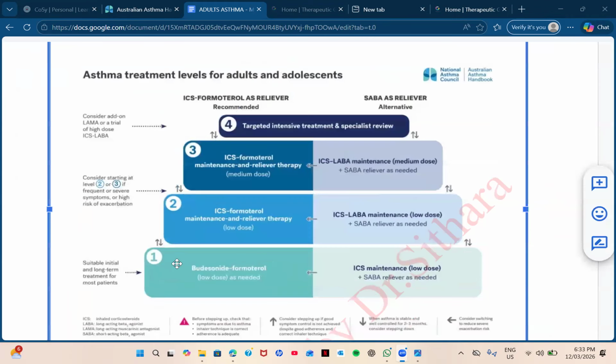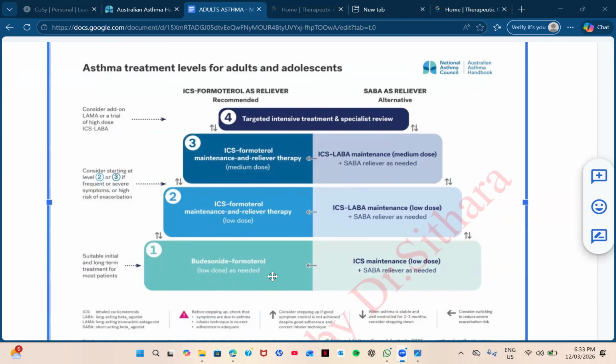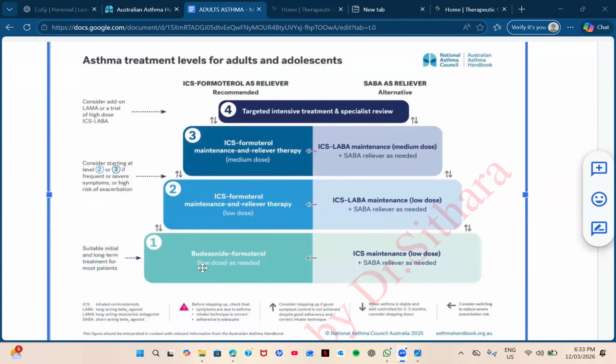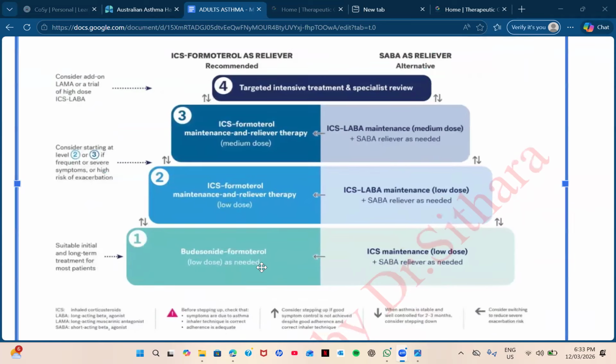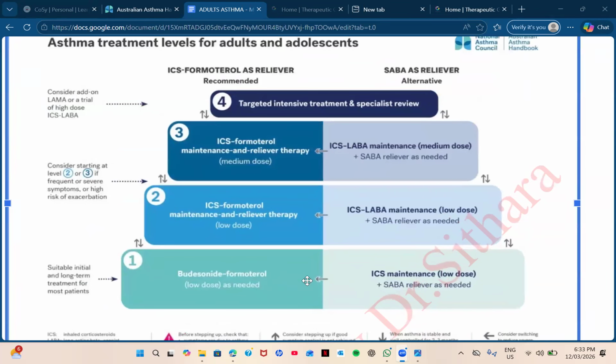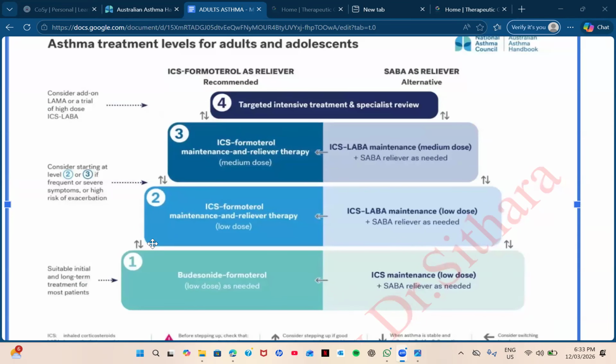As the first thing, the suitable initial and long-term treatment for most patients is budesonide formoterol, here as low dose, as needed. So why should we step up? Consider starting at level 2 or 3 if there are frequent or severe symptoms or a higher risk of exacerbation.